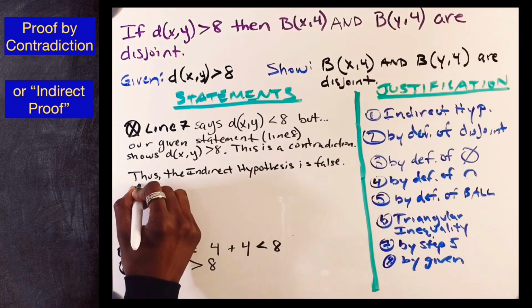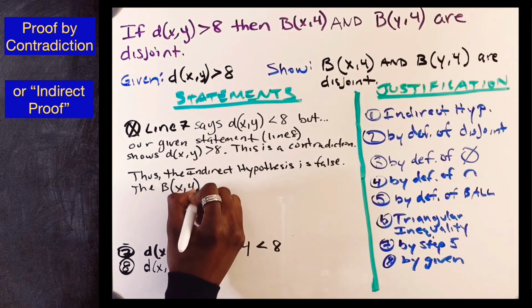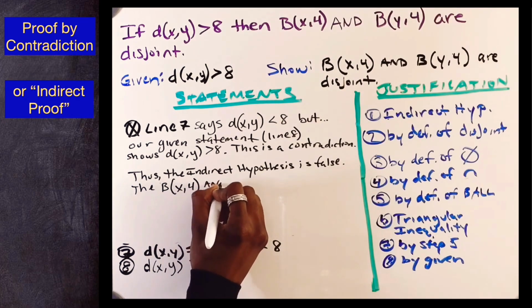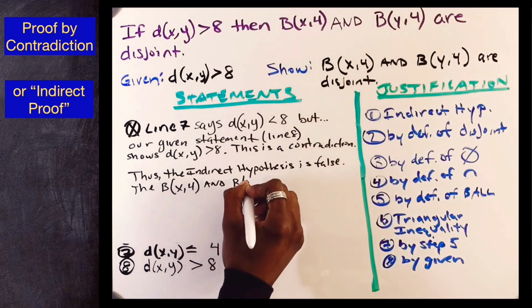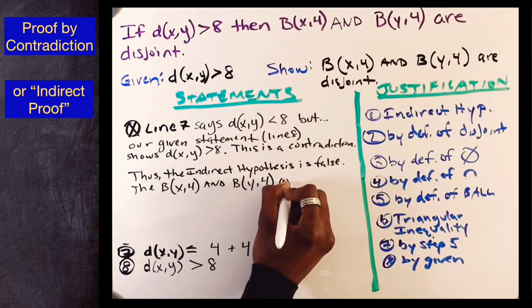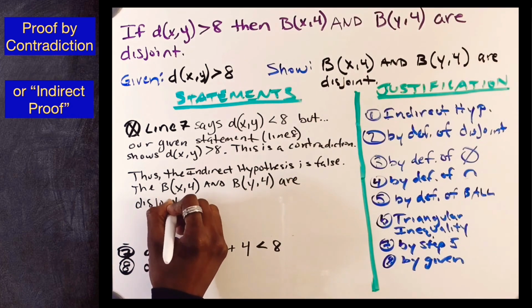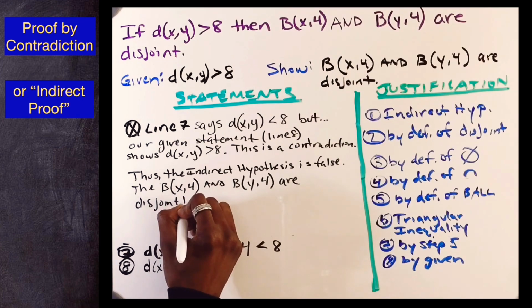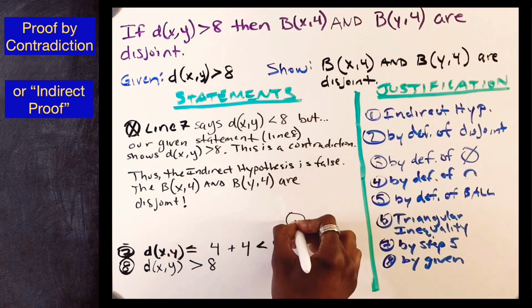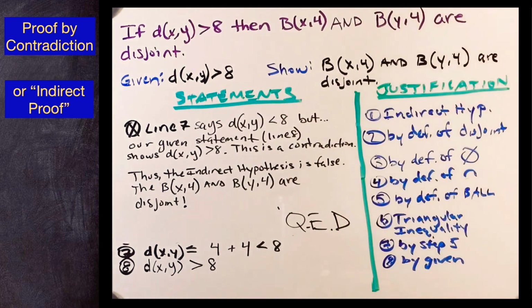The ball from center X to radius 4 and the ball from center Y to radius 4 are disjoint. Q.E.D.